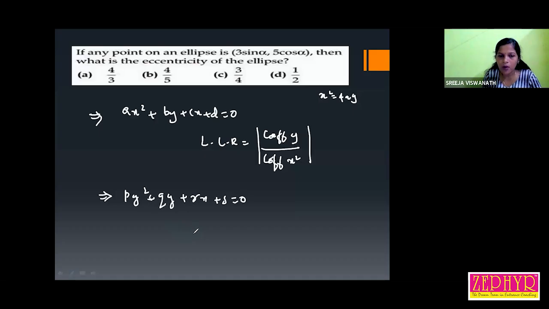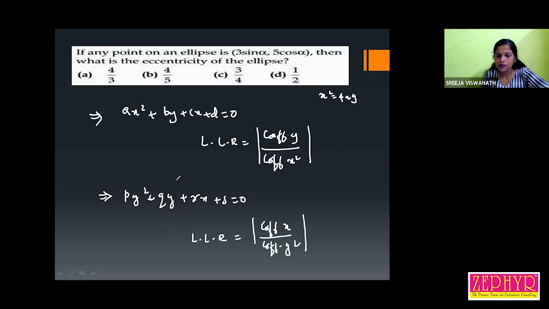For a y square parabola, the length of latus rectum is the coefficient of x divided by the coefficient of y square, that is, the linear term coefficient divided by the second degree term coefficient.